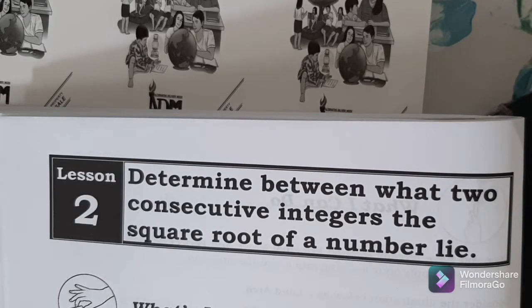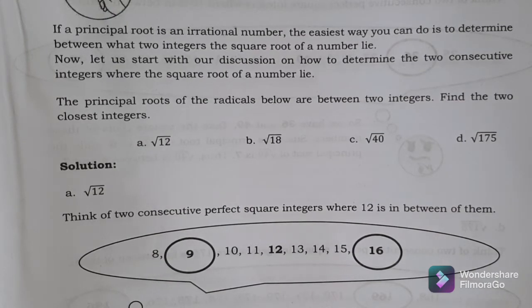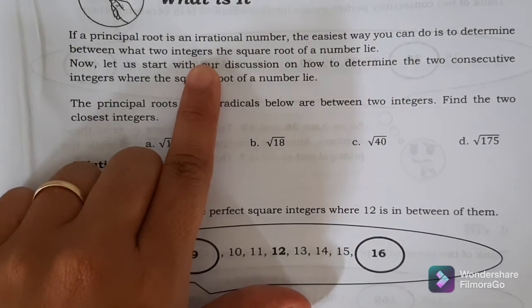For lesson 2, how do we determine what two consecutive integers the square root of a number lie? Let us have examples. If a principal root is an irrational number, the easiest way you can do to determine between what two integers the square root of a number lie.